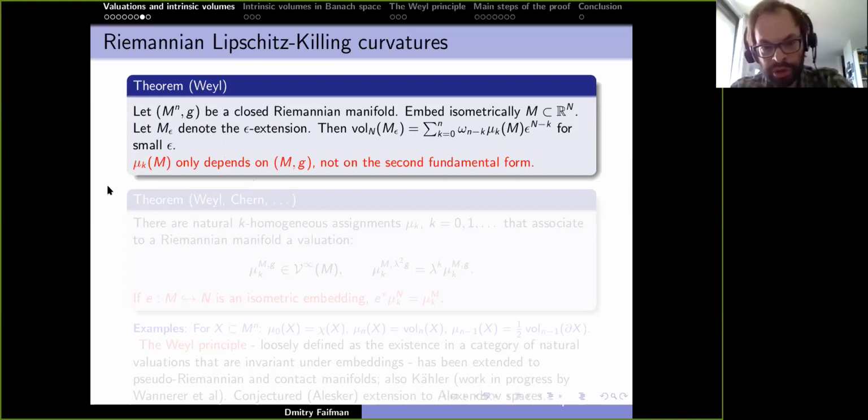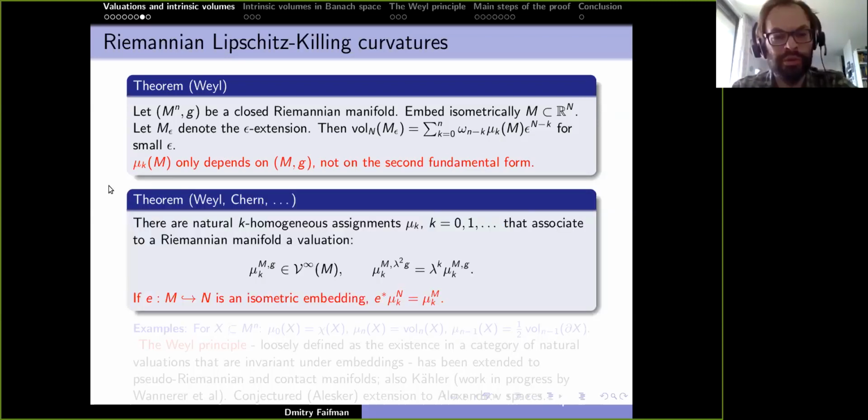And using the language we just learned, we can say the following. For every k, there is an assignment, mu k, that takes a Riemannian manifold M with metric g and produces a smooth valuation on this manifold. And this assignment, first of all, is k-homogeneous in the metric, so it measures things in meters to the power k, when you evaluate mu k on some subset of your manifold.